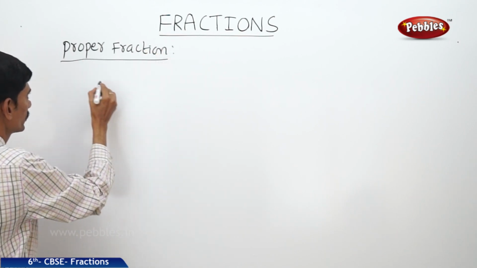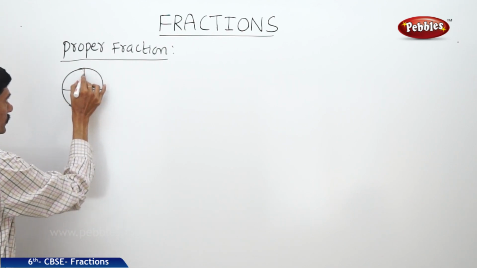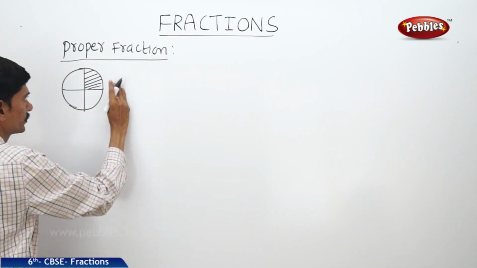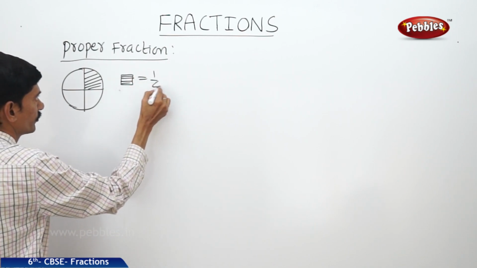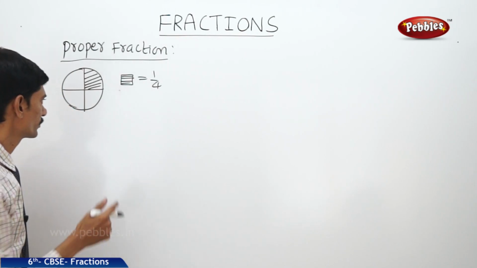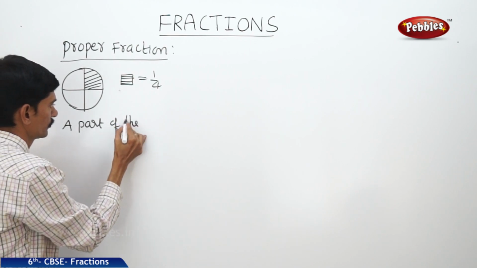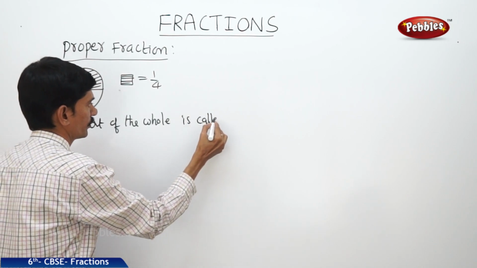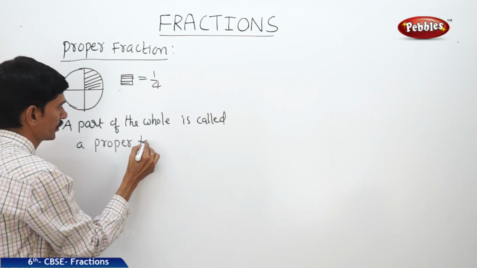Now if you take a circle which is divided into 4 equal parts, and if one part is shaded, the shaded part represents 1 by 4. So the part of the whole is called a proper fraction.